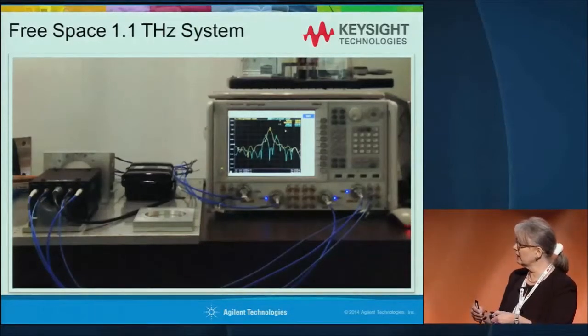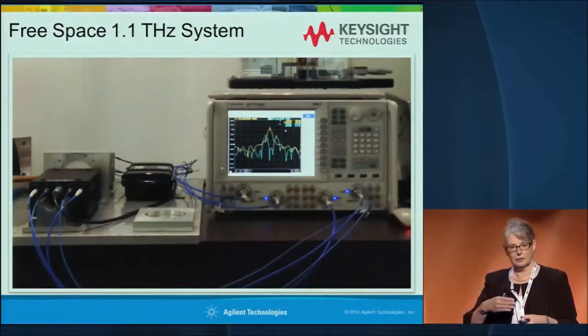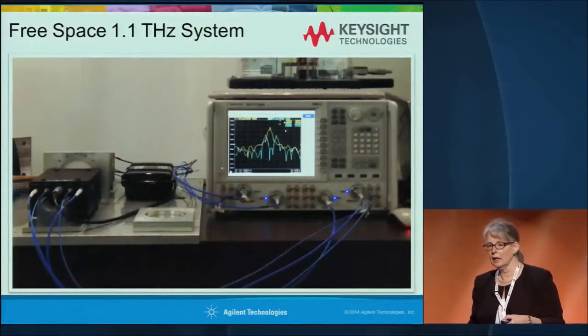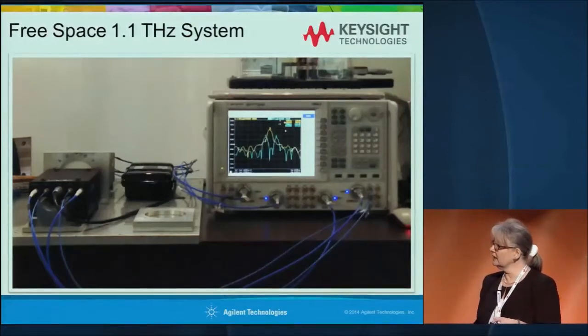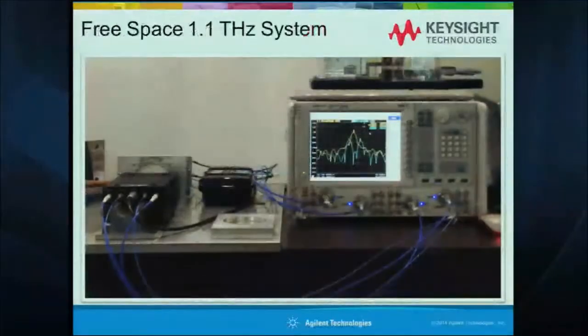And then the second one is the reflection from the back side of the sample as it transmits from the material back to air. And we can see this because we have such a huge frequency span when we get up to the terahertz, 750 gigahertz to 1.1 terahertz.